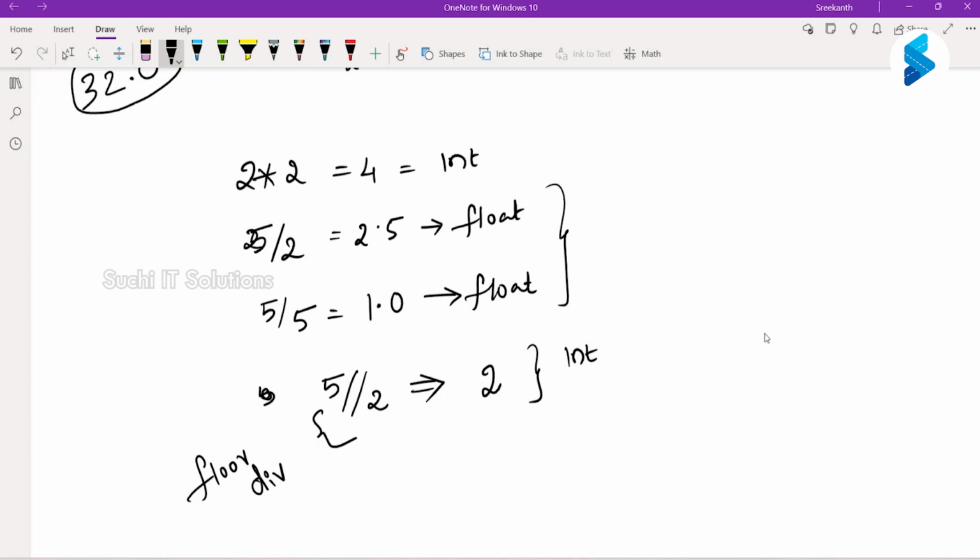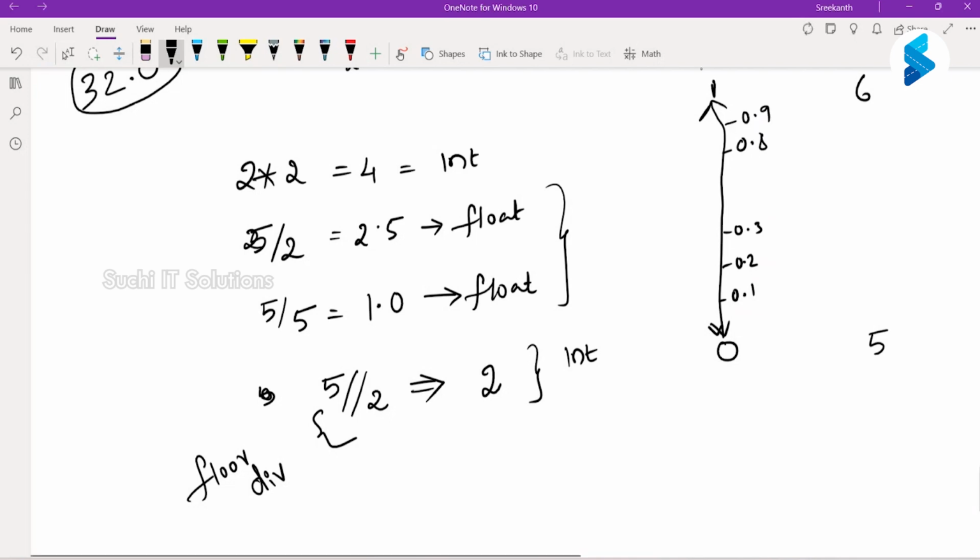Okay, so what is a floor division? So I have 0 and I have 1, or like I have 5, I have 6. So between 0 to 1, how many data points we might get? So it is like say 0.1, 0.2, 0.3, and so on till say 0.8, 0.9, and then 1.